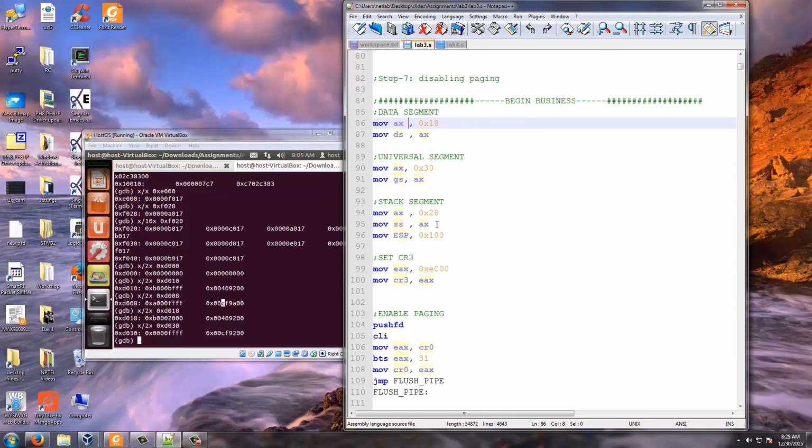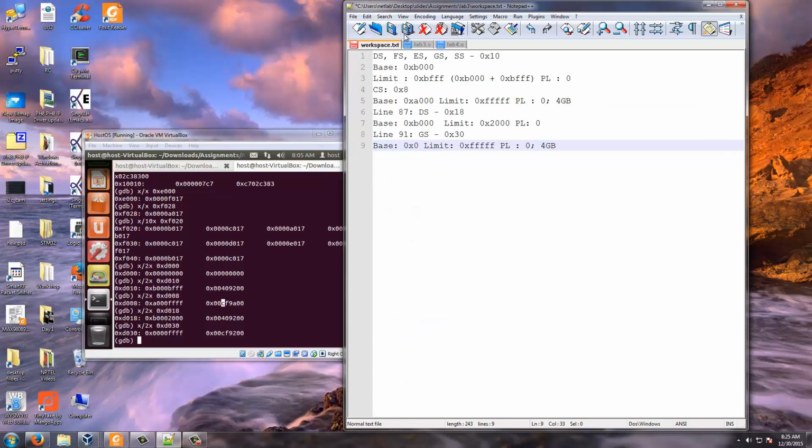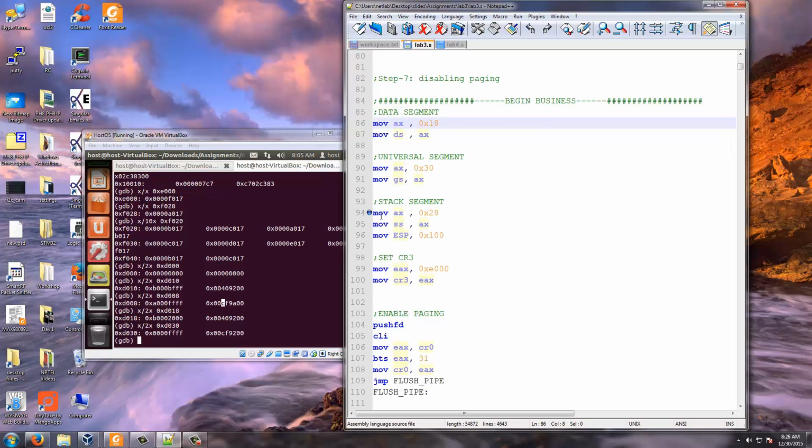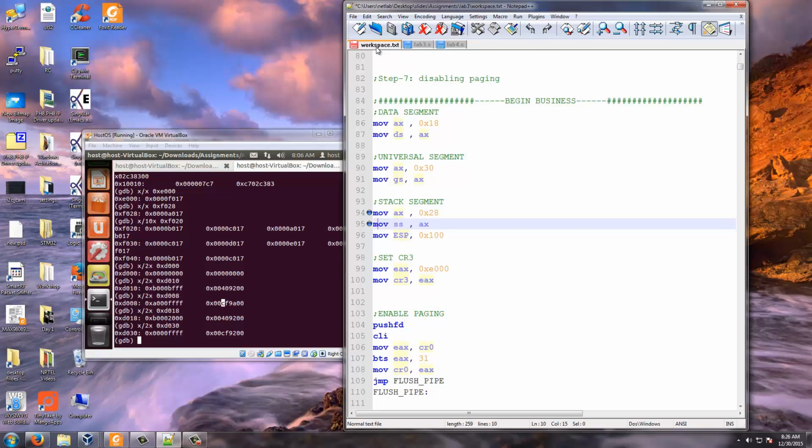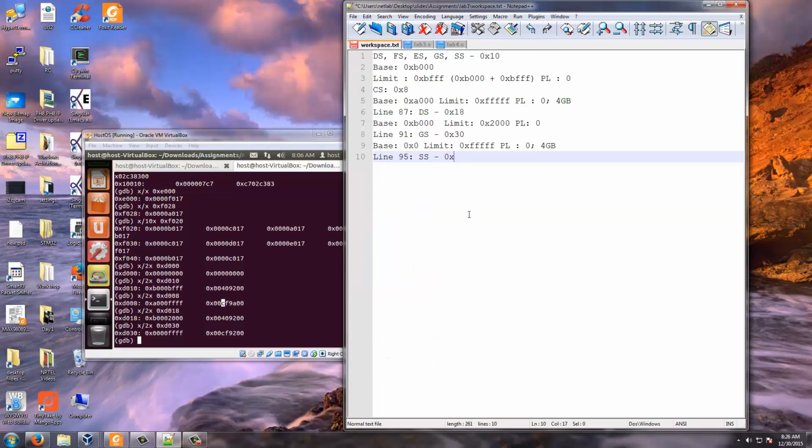So these are the two segments, and now I make the stack point to 0x28. So this is line number 95. As you see here, I make the stack point to 0x28.